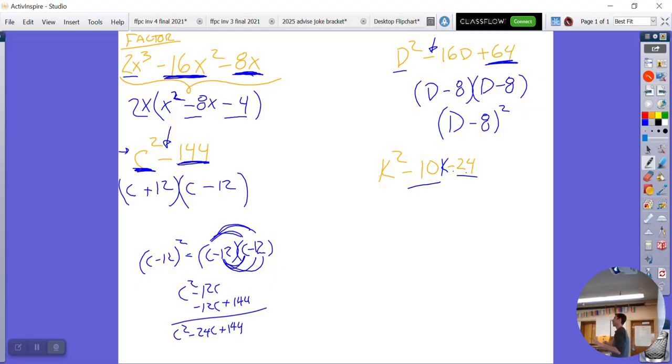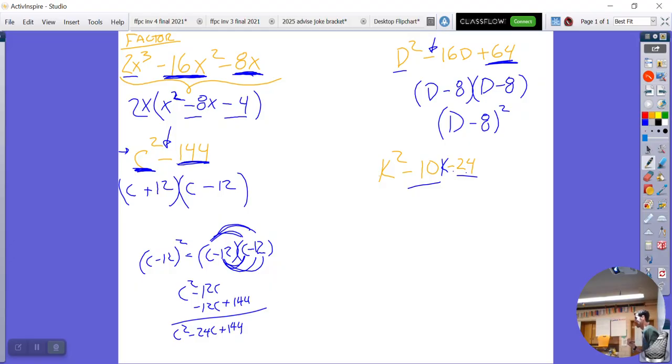Again, I want to know what times what is negative 24, but also adds to negative 10. 6 and 4, when you add them, you get 10. But to get a negative 24, one has to be positive and one has to be negative. Negative 6 plus 4 is negative 2.